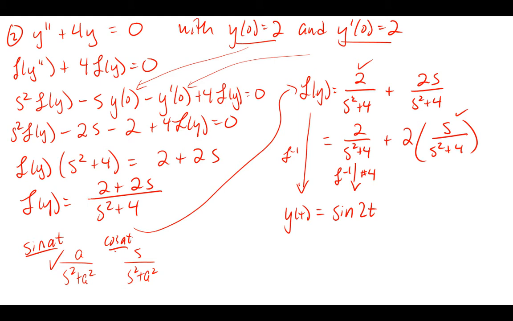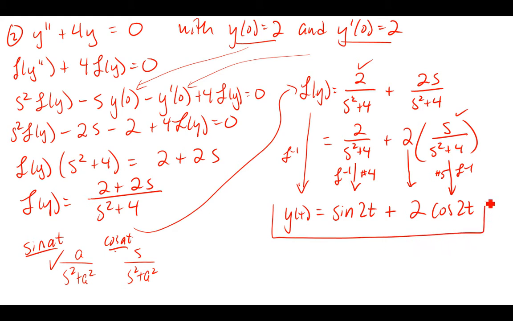And this one, when I do the inverse, that's rule number, I think it's 5, which says this turns into cosine of 2t. And then I don't want to forget, I had a 2 here, though. And when I do a forwards or reverse transform, coefficients just come along. And that is the solution to this ODE.